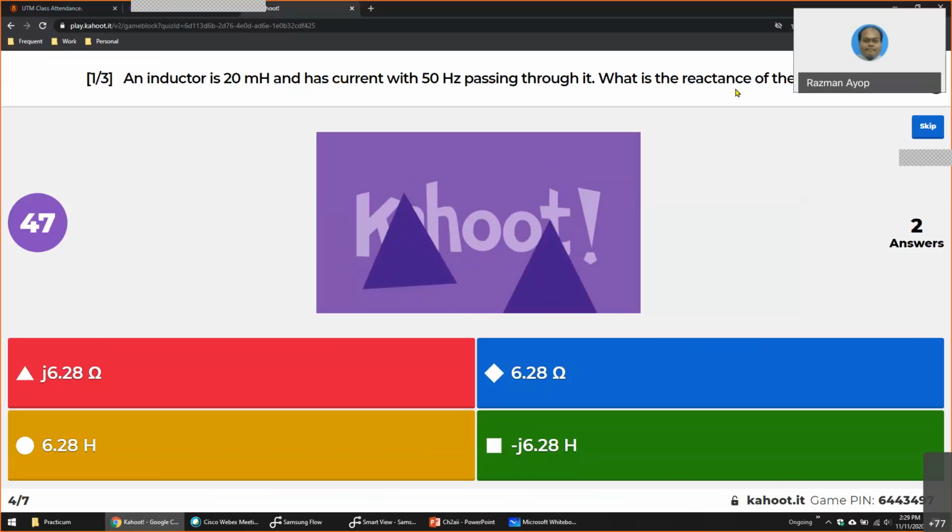You just calculate WL, and W equals 2 pi F. This one is F. You have 40 more seconds. 20 more seconds. Five more seconds.